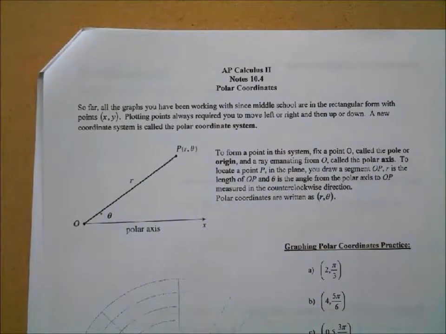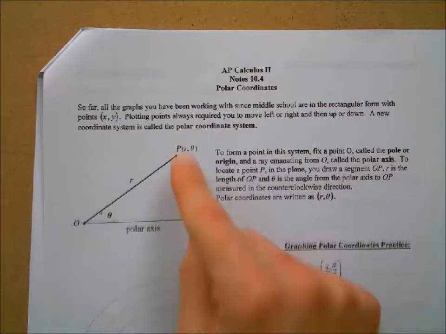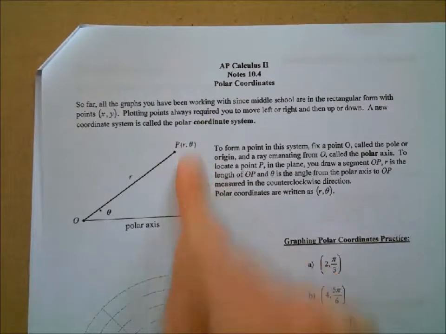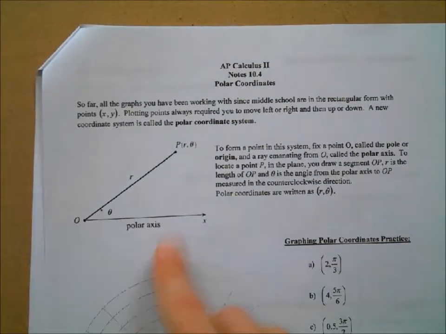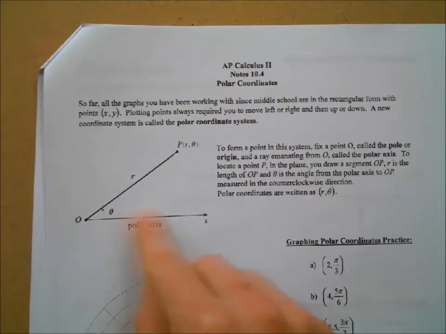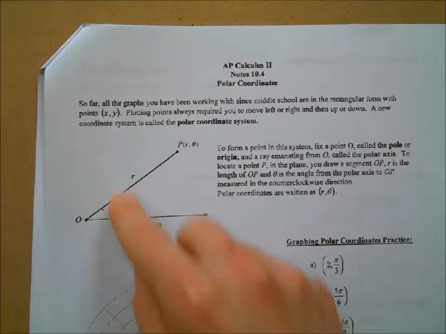Then to locate a point P, we're still going to need to use two numbers, right? Because it's a two-dimensional space, so you need two numbers to identify where that single point is. And those two numbers are r and theta, okay? So no longer are we going to go left or right and then up and down. Instead, we're going to open from the polar axis. We're going to create an angle theta off of that axis, okay?